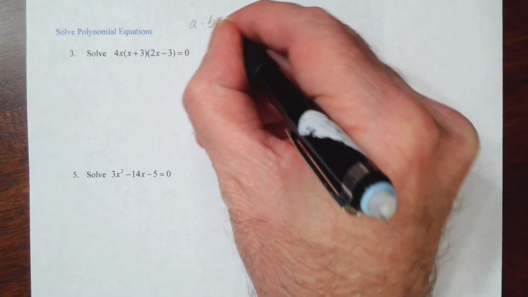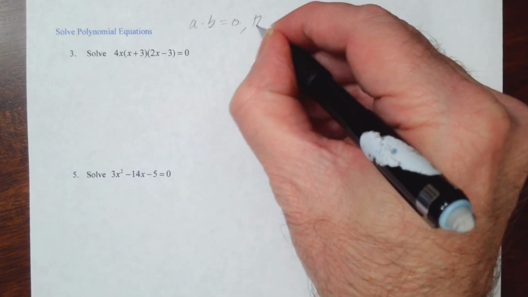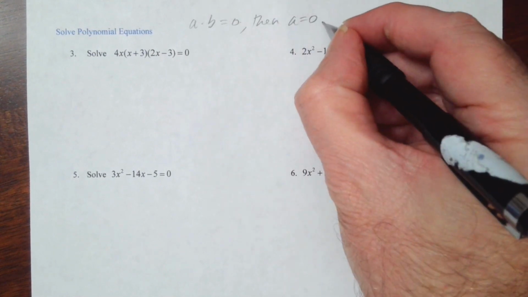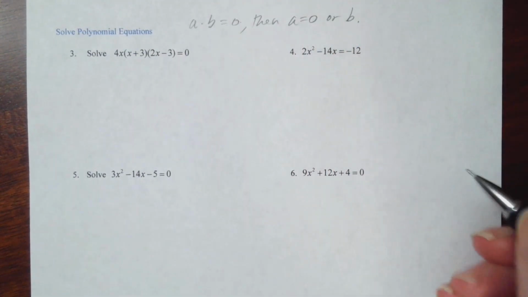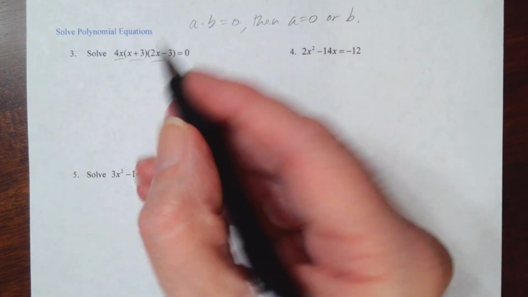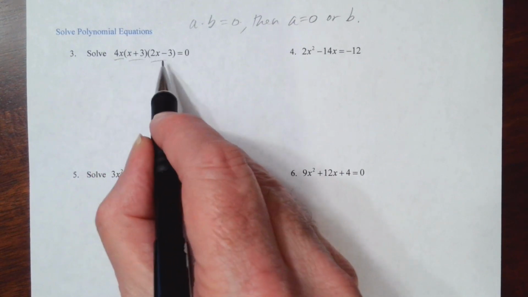If you have two numbers and they multiply to 0, then one of the numbers has to be 0. In this case, it'd be either A or B. And so the same kind of thing is going on here. You can think of this as three things multiplied.